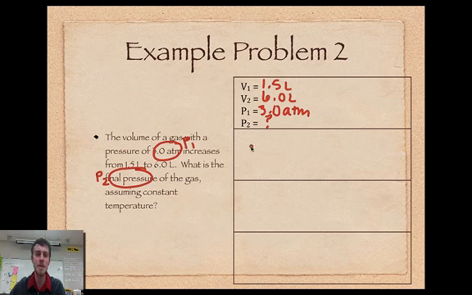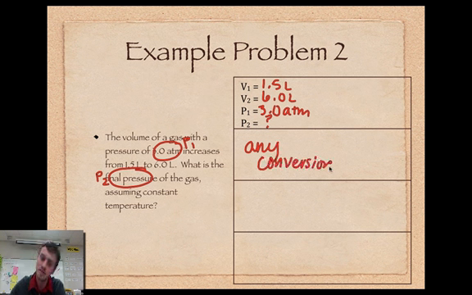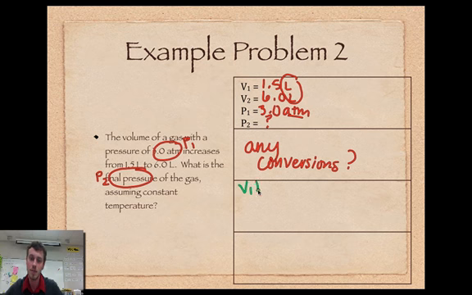Okay, my second step is to ask myself, do I have any conversions? Well, no. Both of my volumes are in liters, and I don't have to worry about whatever that is in because that's just what my answer is going to be in. Alright, so I can just move on from there. My third step is to plug them in. So if you remember, V1 P1 equals V2 P2.